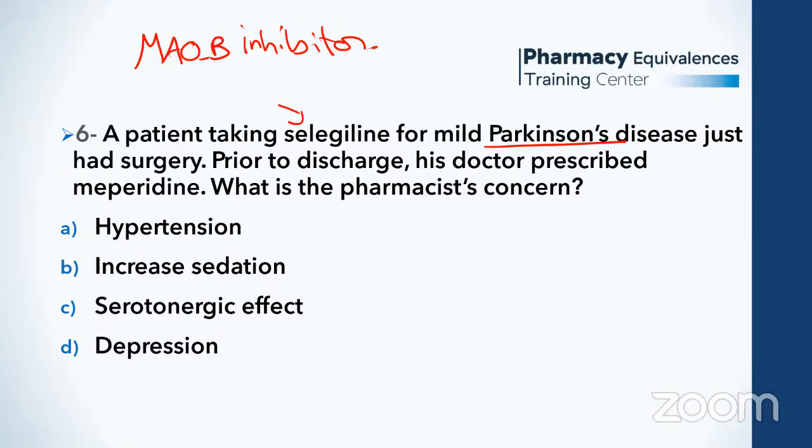These monoamine oxidases have the ability to metabolize or hydrolyze the catecholamines and serotonin also.